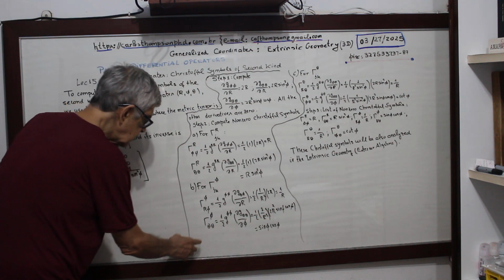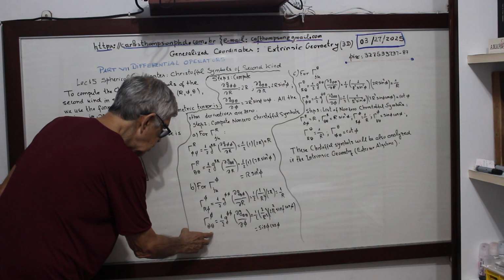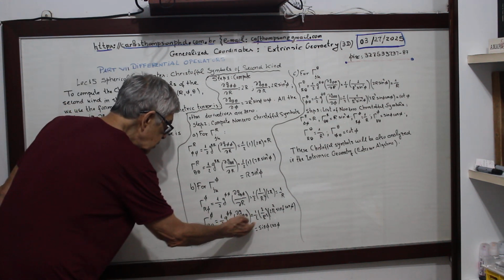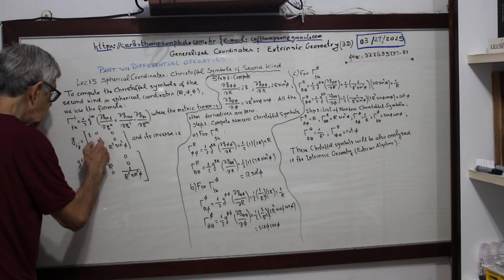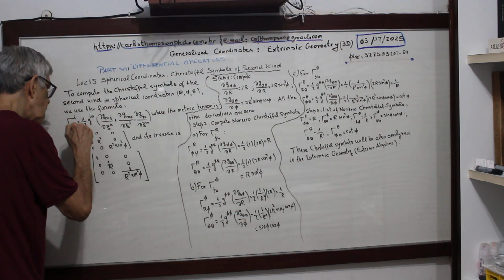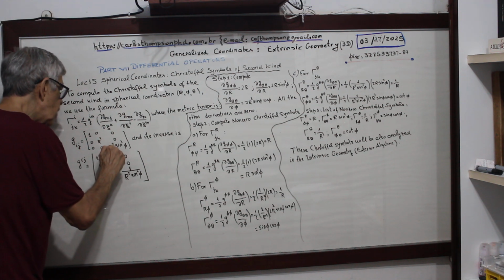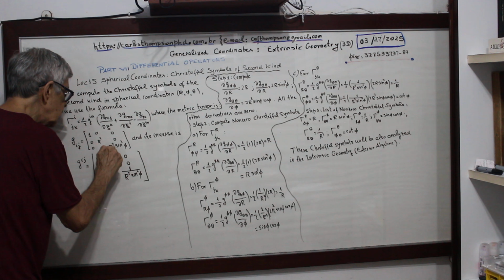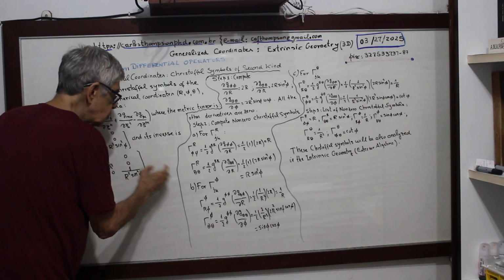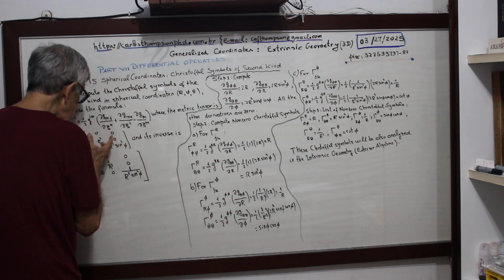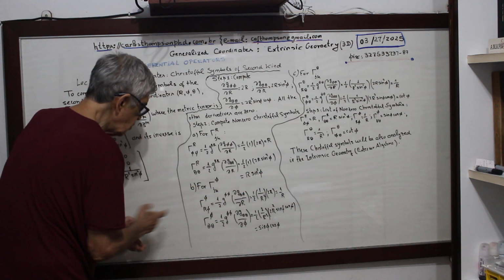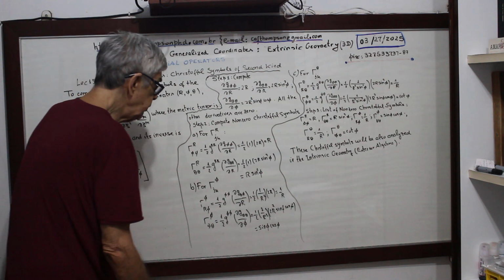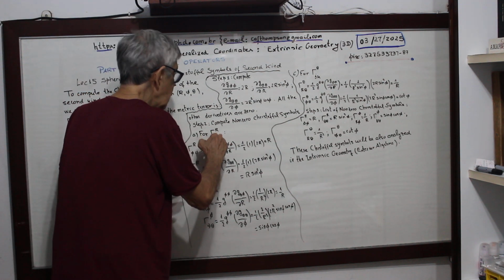See? And this one, you have theta here. Just look here, always. This is G_RR, G_phi, and G_theta. You just look here and take the derivative. So, likewise this one.